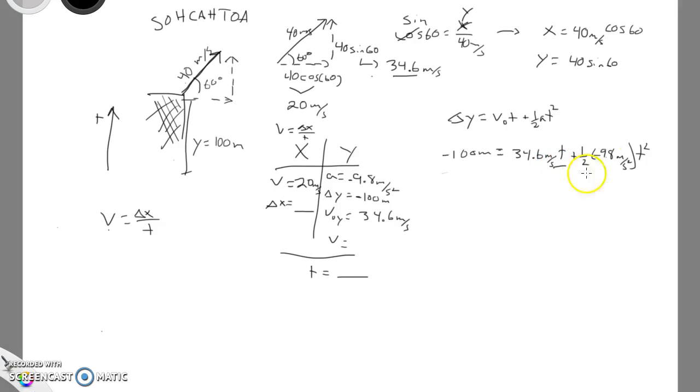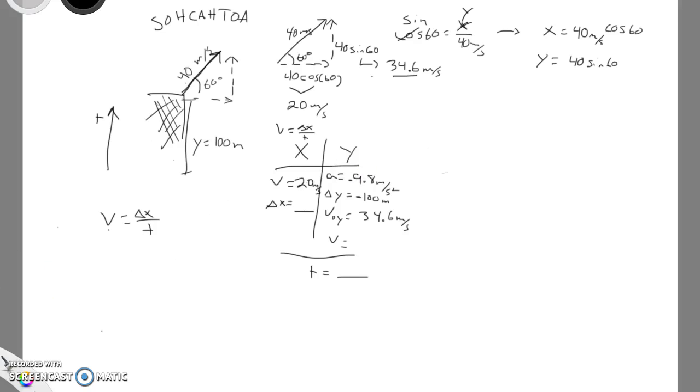You'll see that I have t and t squared. I can't solve this just using basic algebra. I have to go another step and use the quadratic formula or graph it and look for the zeros. To avoid that, what I'm going to do instead is use a different equation to start.